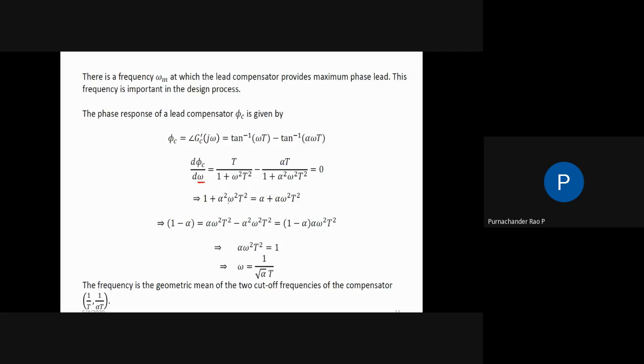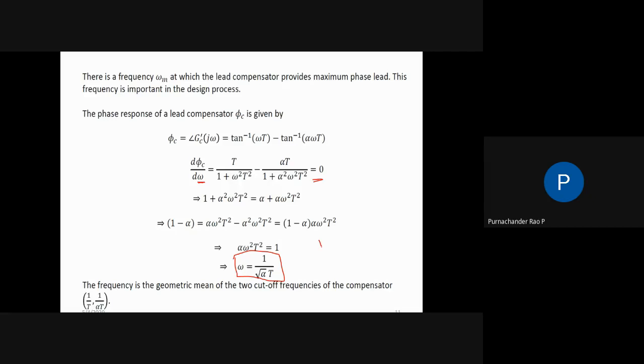Differentiation of tan inverse of omega t is t by 1 plus omega square t square, minus alpha t by 1 plus alpha square omega square t square. This will be equal to 0. So you are going to get the condition that omega is equal to 1 by root of alpha t.